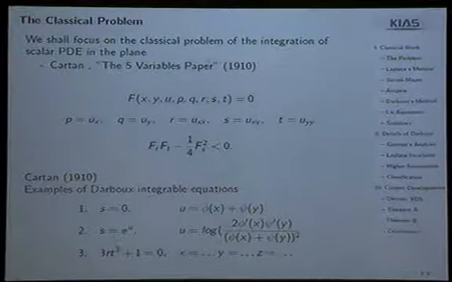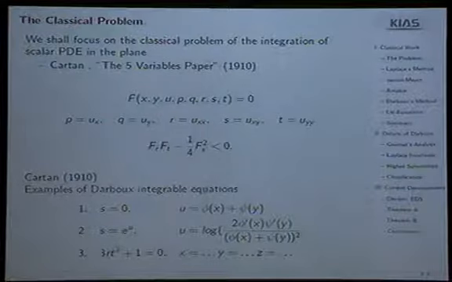Another example here is this equation, 3rt cubed, which is u_xx u_yy cubed plus 1 equal to 0. This equation looks much more complicated than this one right here. The solution I just put in as dots because it takes a lot of room to fill up.